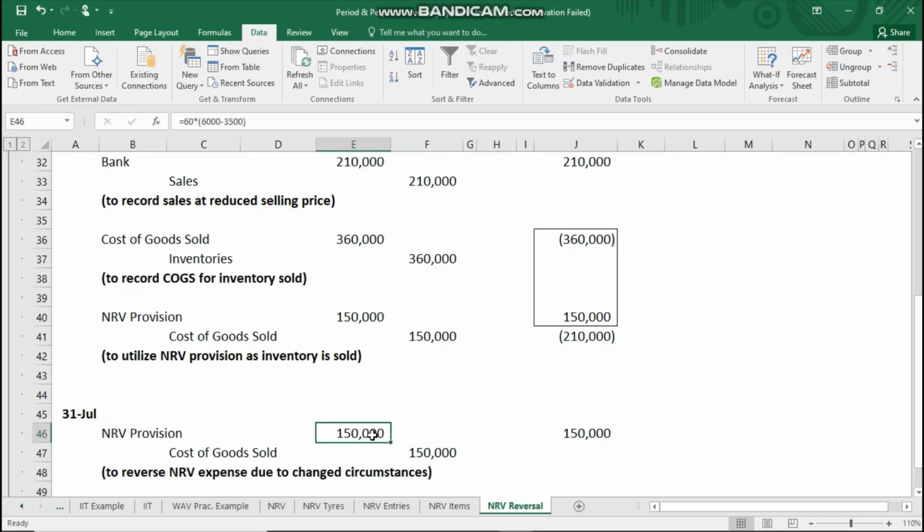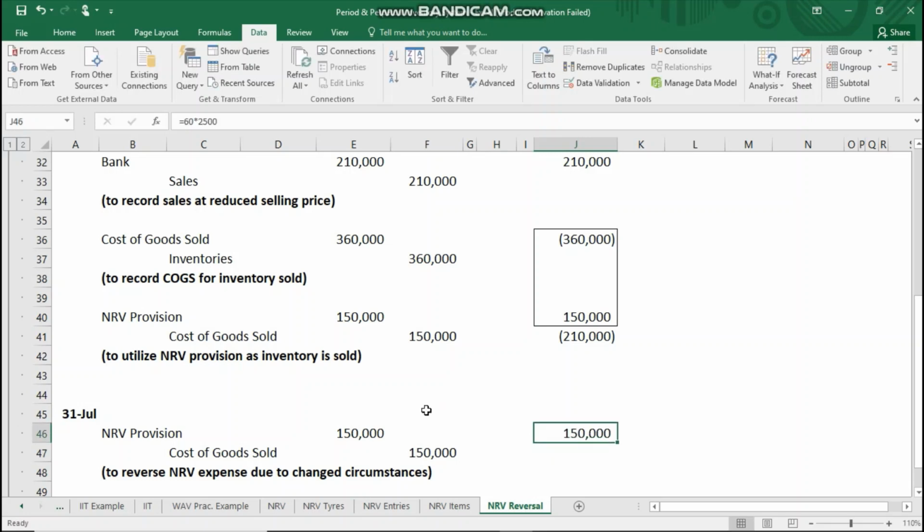Okay, so what I will do, I will simply reverse the net realizable value write down that was created in June for that inventory which is currently on hand. So on July 31st, I have 60 tires. Okay, and I will reverse the provision for that 60 tires, which is like how I created that: 60 tires multiplied by 2,500, it gives me 150,000.